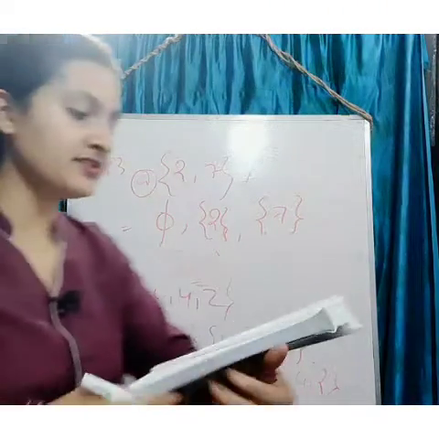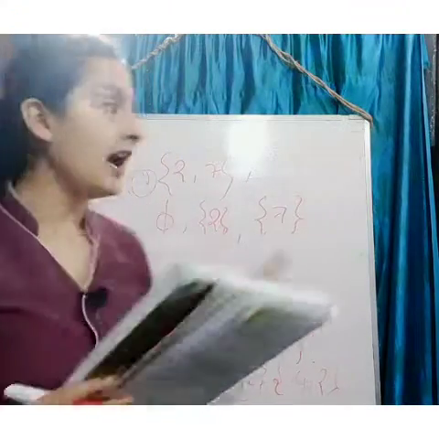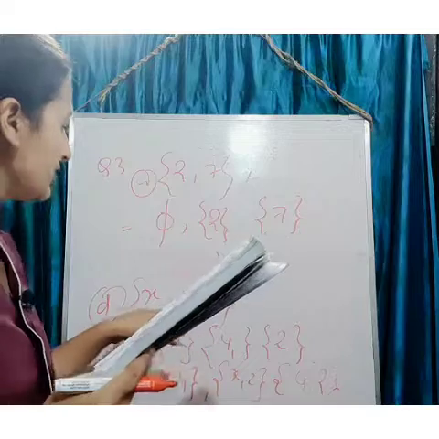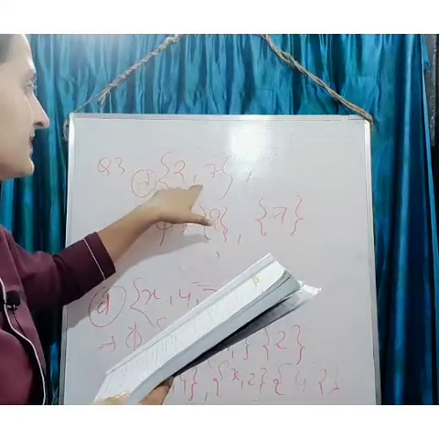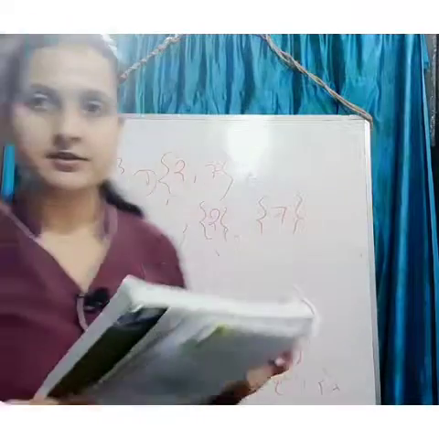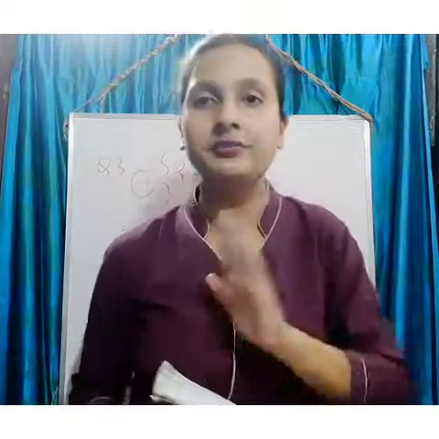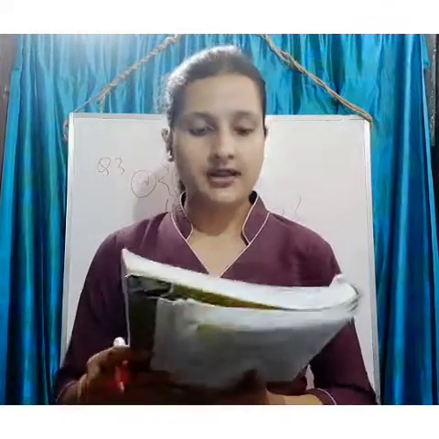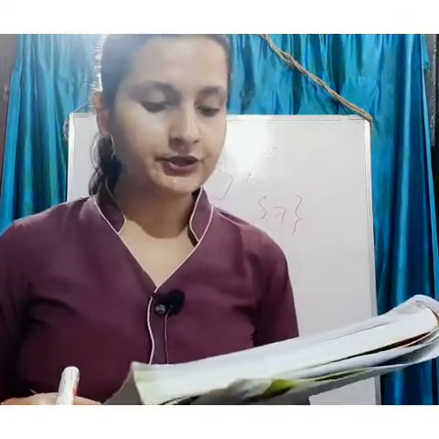See, in the previous one where we were asked to find possible subsets in question number 2, I wrote the set given in the question also, right? Because in a subset, this could be a subset of itself, okay? But in a proper subset, it could not be a subset of itself, because it couldn't be equal, right? So, I hope that question number 3 is clear to you.